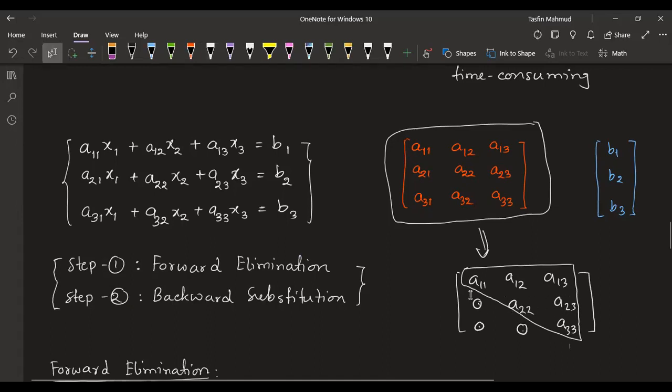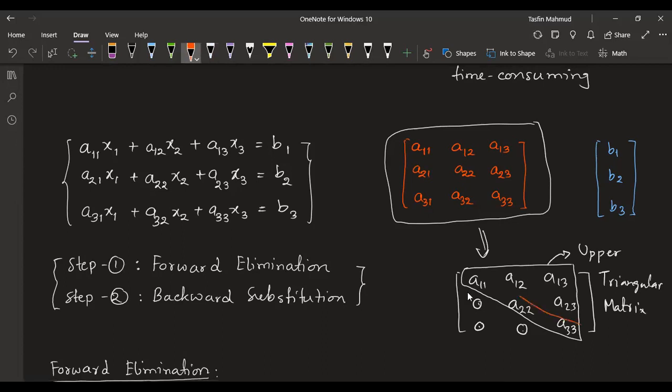Okay, so after performing the forward elimination, we expect to get this type of matrix. All the elements below the diagonal would be zero. We call it upper triangular matrix, because all the elements below the diagonal are zero.